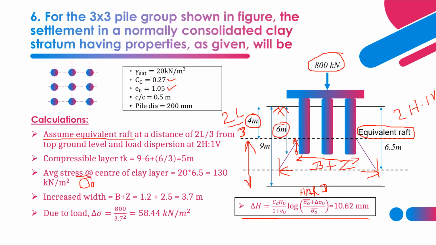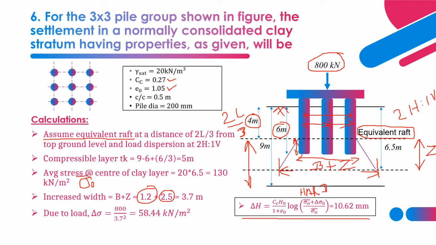So 0.5 plus 0.5 plus 0.2 by 2 plus 0.2 by 2. Here it is 0.5, here it is 0.5, so totally about 1 meter, and here 0.2 by 2 and 0.2 by 2, so 1.2. So 1.2 is the B value, and Z is 2.5. This is the Z value.